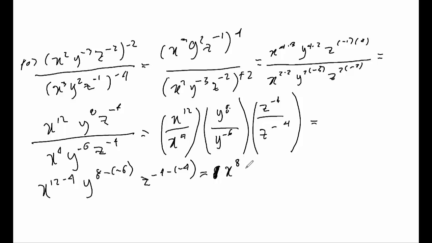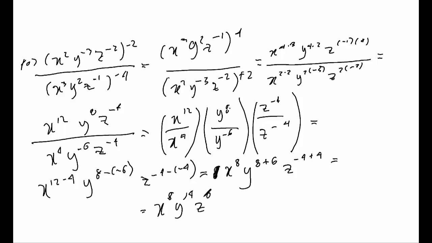And then I have y to the 8 plus 6, and then finally I have z to the negative 4 plus 4. 8 plus 6 gives me 14, so that's y to the 14. And recall, z, negative 4 plus 4 is 0.